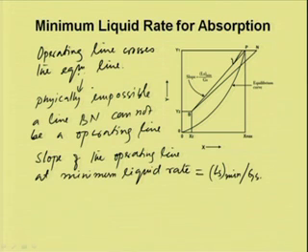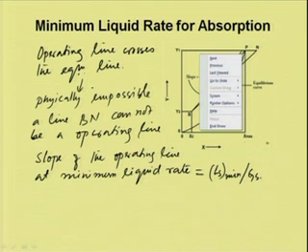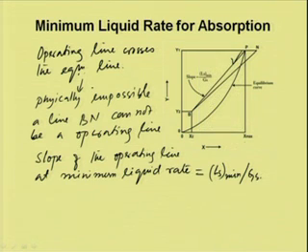It does not cross the equilibrium line, but touches the equilibrium line at some point. Now, the exit concentration corresponding to this point is x max. This is the maximum possible concentration of the solute in the liquid phase, and as we said, the mass transfer driving force at point P is 0, and this point is known as the pinch point.